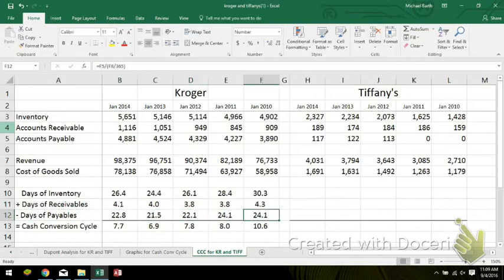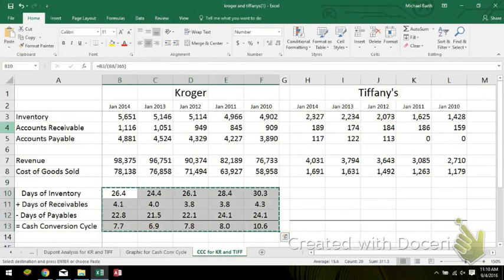So when we see their cash conversion cycle dropping from 10 to 8 to 7 and then going back up slightly, now we can see why. It's slightly faster conversion of the inventory, but they're also offsetting that by paying their suppliers a little bit faster. Still, that's a fairly stable cash conversion cycle, runs roughly 8 days.